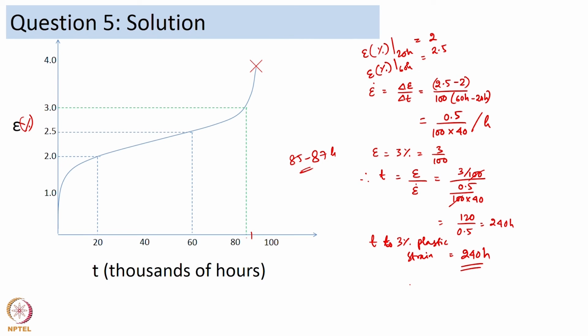If you are allowed a maximum plastic deformation of 3%, and what we see is the actual time taken is only 85 hours, and since the engineer has to use a factor of safety of 1.5, therefore the useful service life of the material is going to be 85 over 1.5.